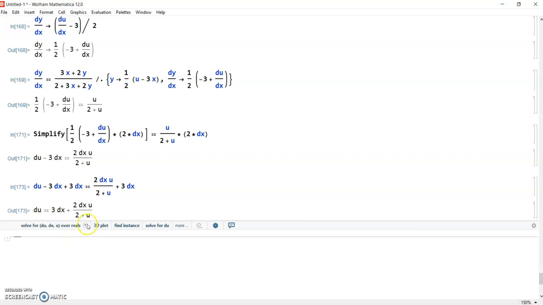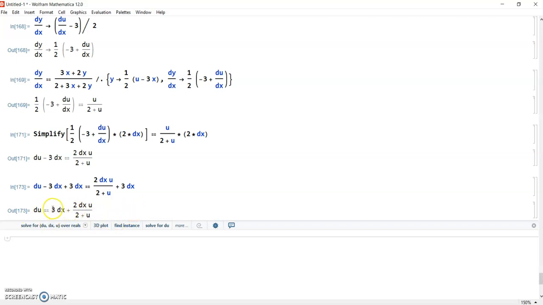Okay, so now all the dx terms are here, but here I have u terms, so I need to take those u terms to the other side.